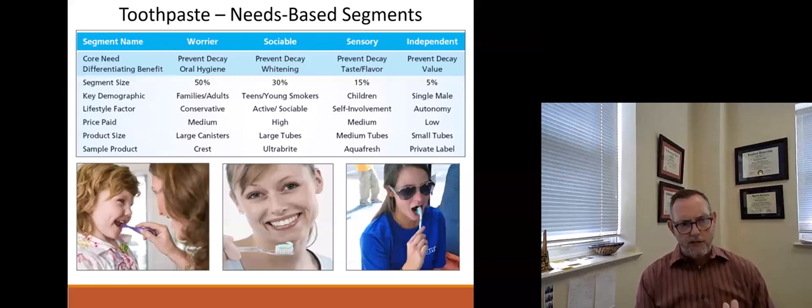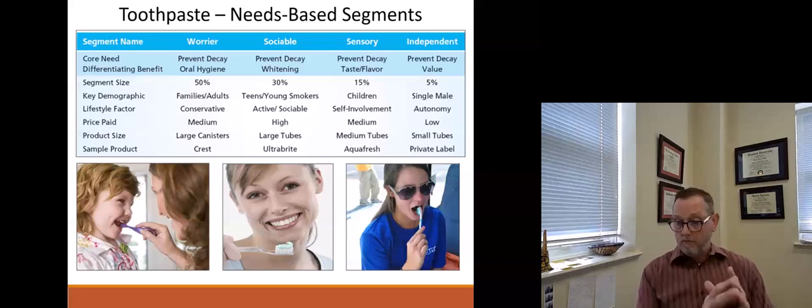Here's an image where we look at toothpaste, and we have different segments. We have 4 different market segments. Now they've been named: the warrior, the social, the sensory, and the independent. So these are groups of consumers. And the warrior is driven by this concern for tooth decay and oral hygiene.